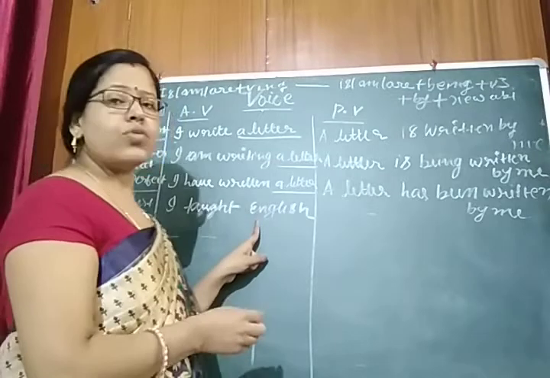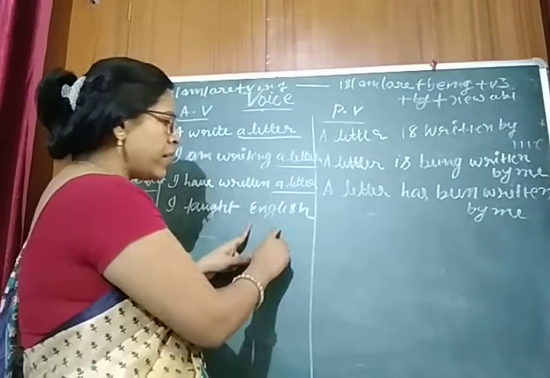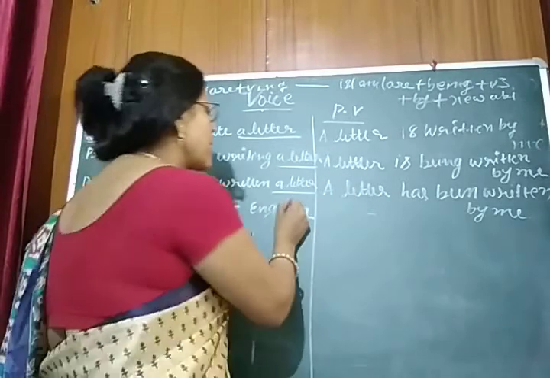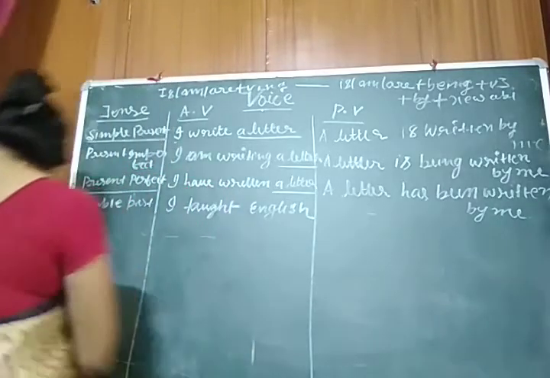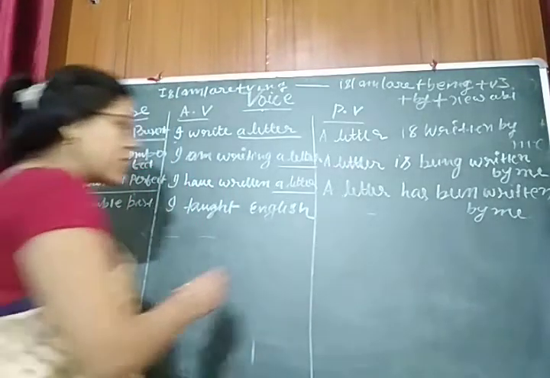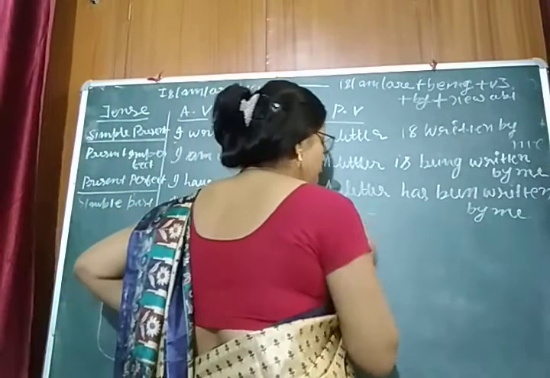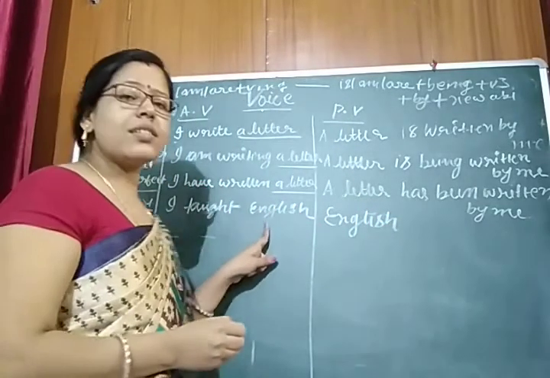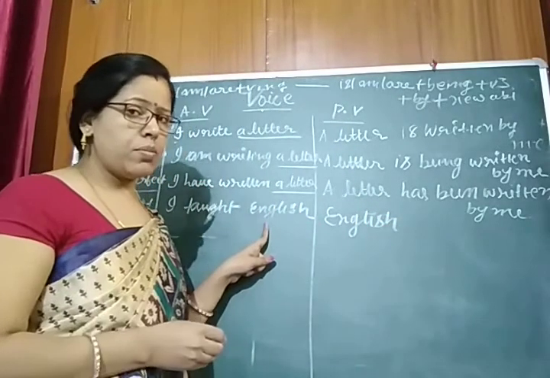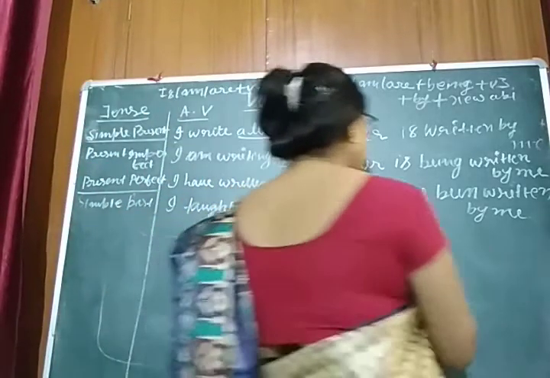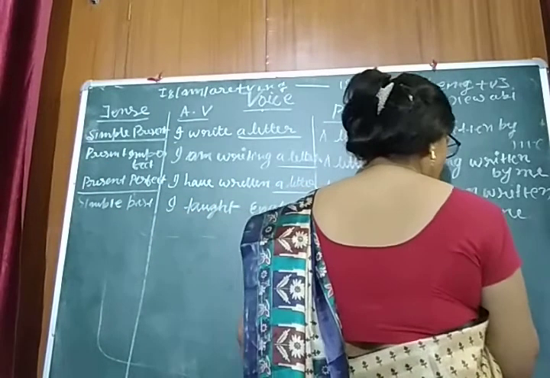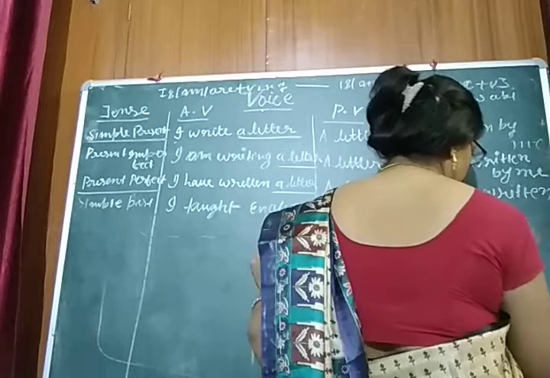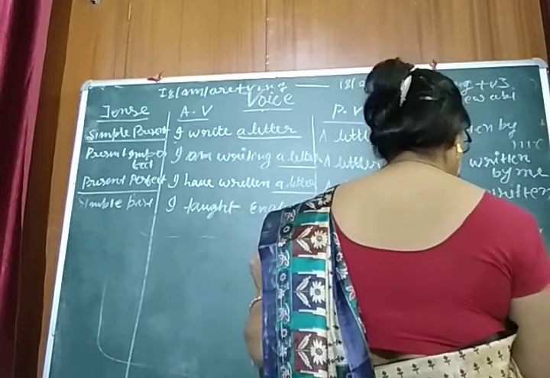So at first we will make this object the subject. What will we write here? We need to write English, and further, this English is what? Third person singular number. So we will write here, English was taught by me.